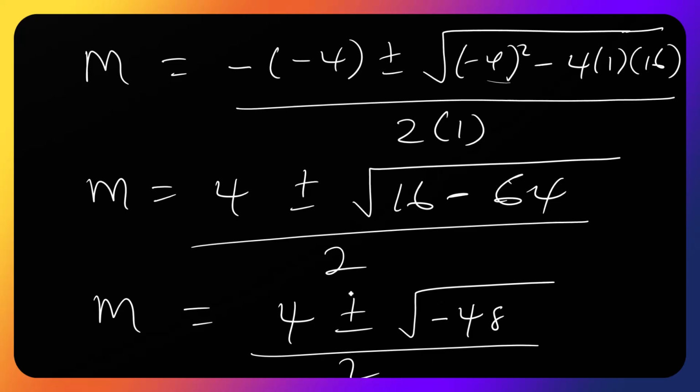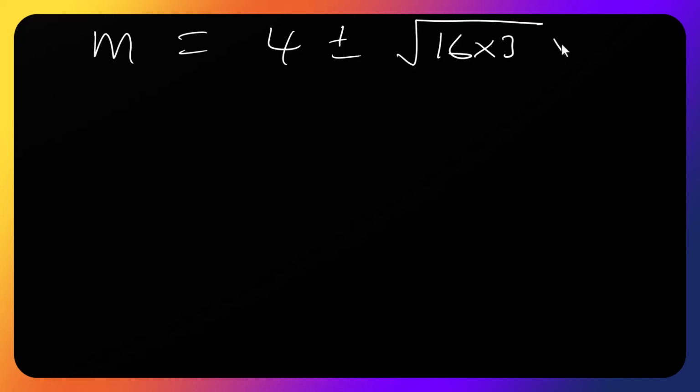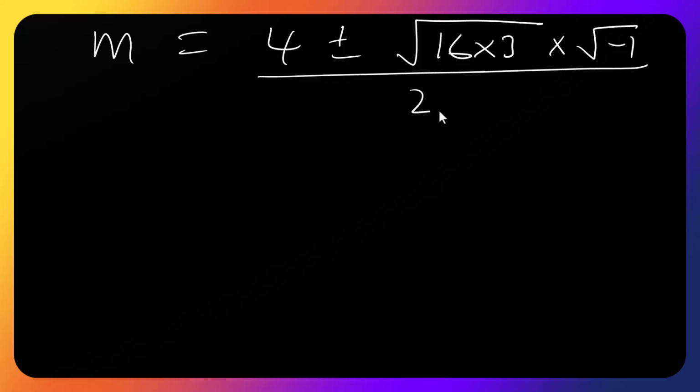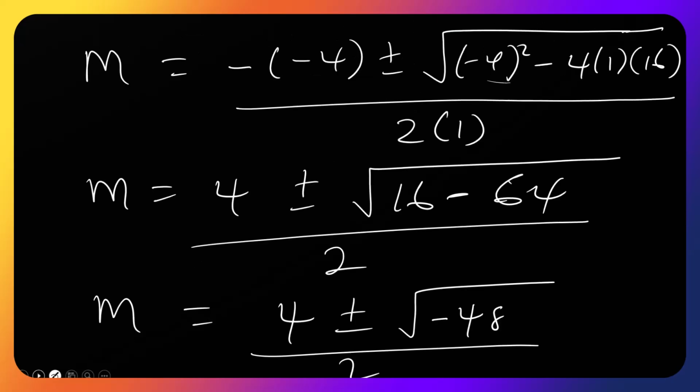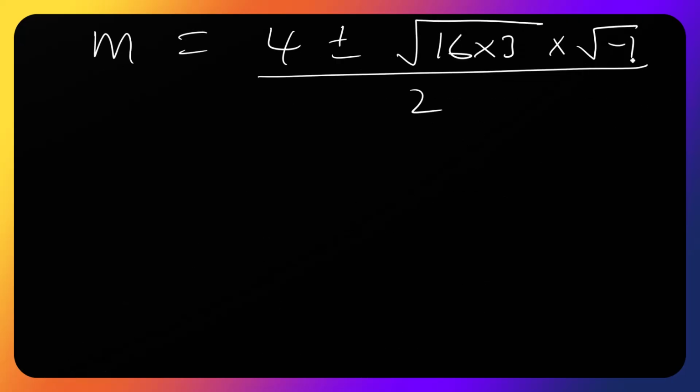So let's bring the negative out: 16 times 3 times negative 1, the same as minus 48. So this one is i from complex numbers.